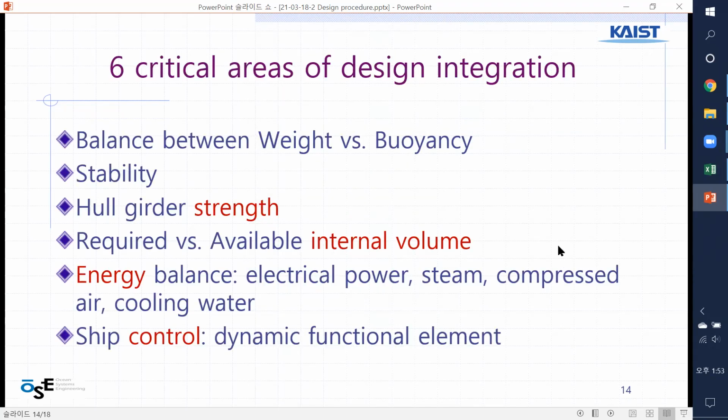And there are 6 critical areas of design integration. The balance between weight and buoyancy should be the same. But sometimes in the calculation there can be differences. Then you need to adjust parameters or design dimensions. Stability is important because you see that several accidents probably come from stability problems.